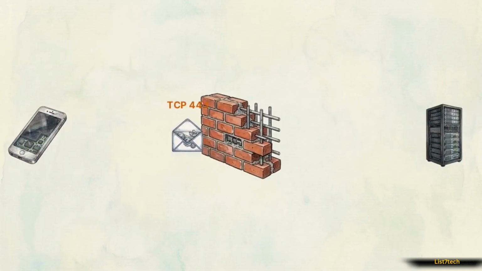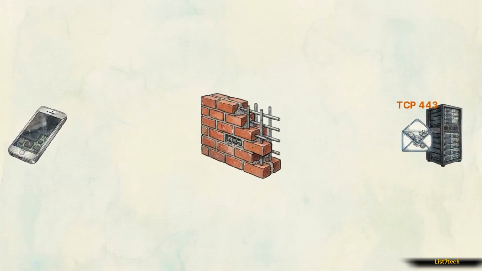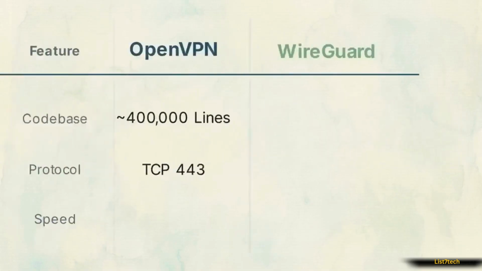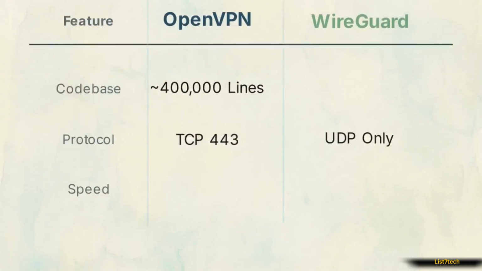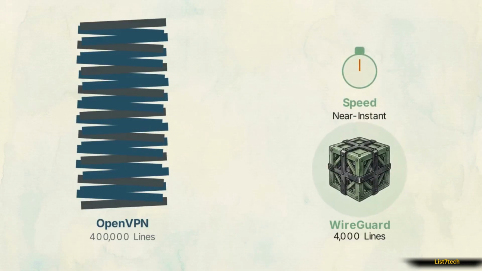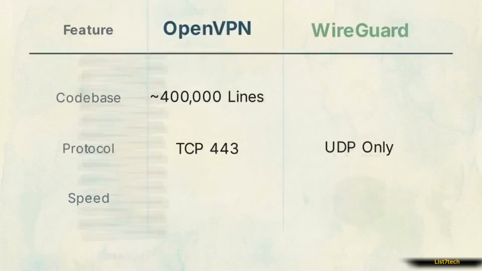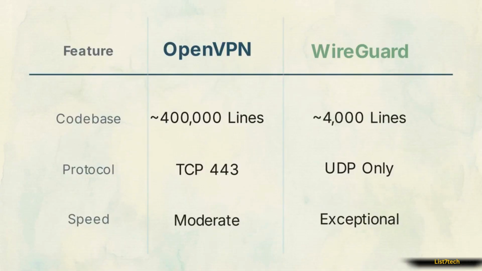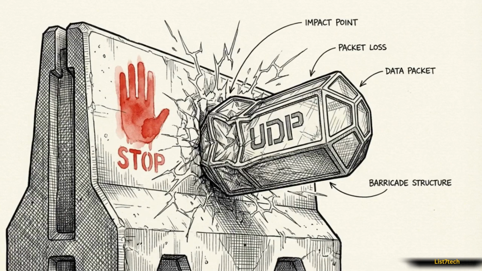Because this port matches standard HTTPS traffic, OpenVPN easily bypasses restrictive network firewalls that attempt to block proxy tunnels. WireGuard takes a modern approach. Its strict reliance on UDP and a minimal codebase of just 4,000 lines provides near-instant roaming speeds and rapid security auditing, though it is far more vulnerable to strict port blocking by network administrators.